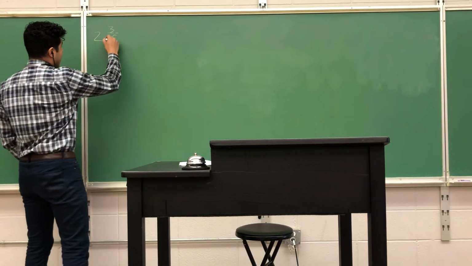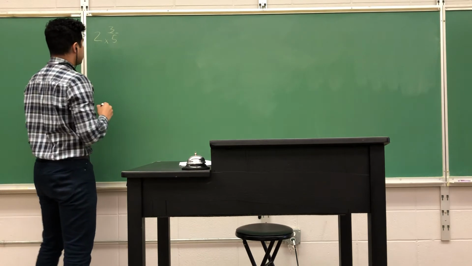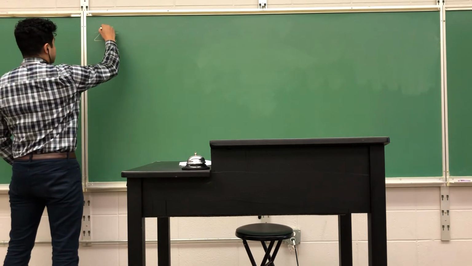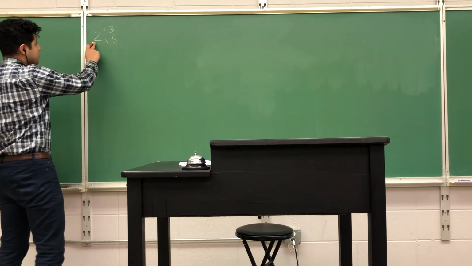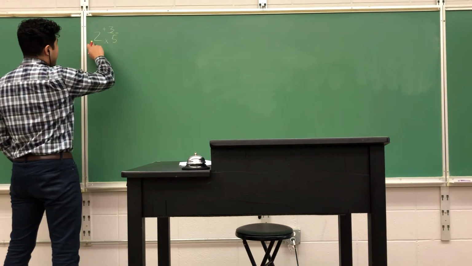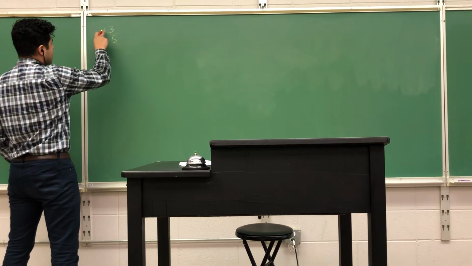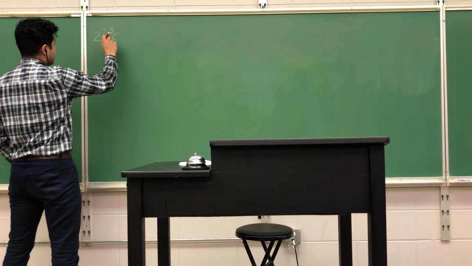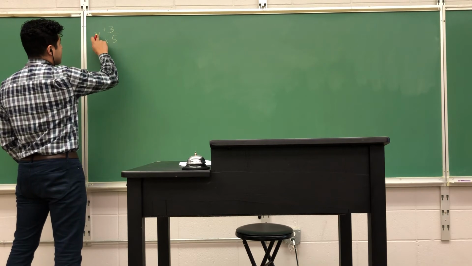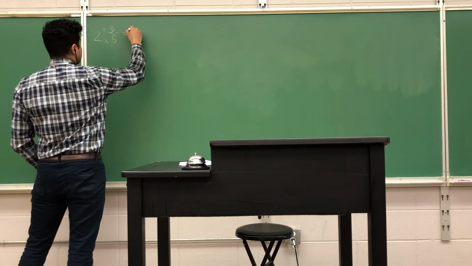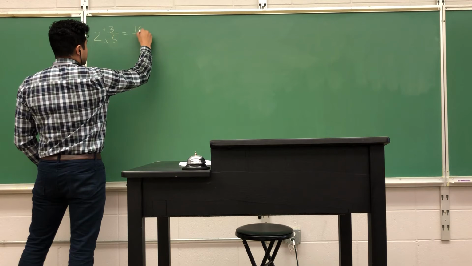In order to do that, we write the multiplication symbol right there and the addition symbol right here. So we're going to multiply 5 times 2. 5 times 2 is 10, and then we're going to add the numerator, the number 3. So 5 times 2 is 10, and then 10 plus 3 is 13.